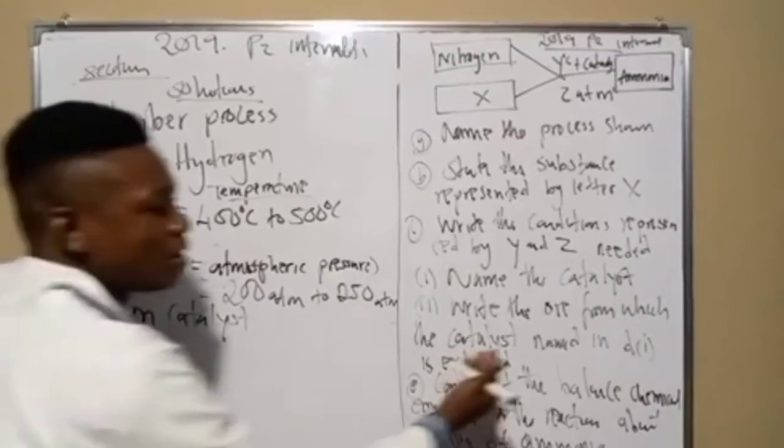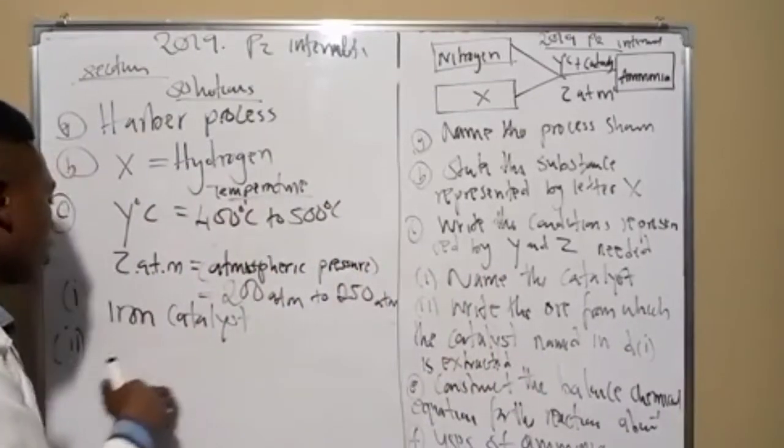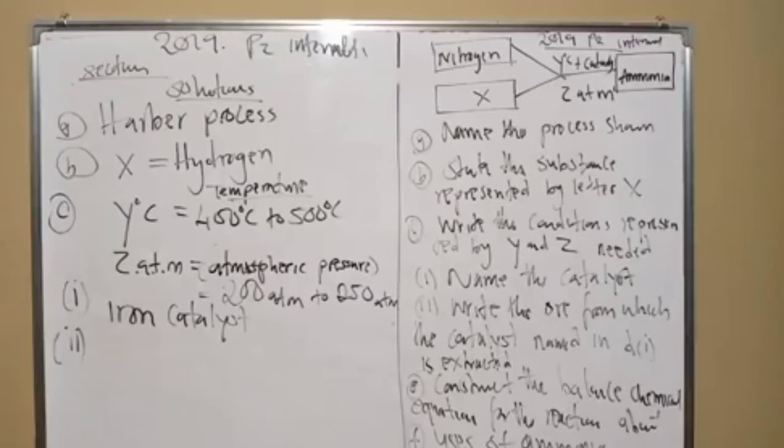Write the ore from which the catalyst named is found. So what is the ore of the catalyst? I want to see now if you have been studying. The ore, they mean where it can be produced.